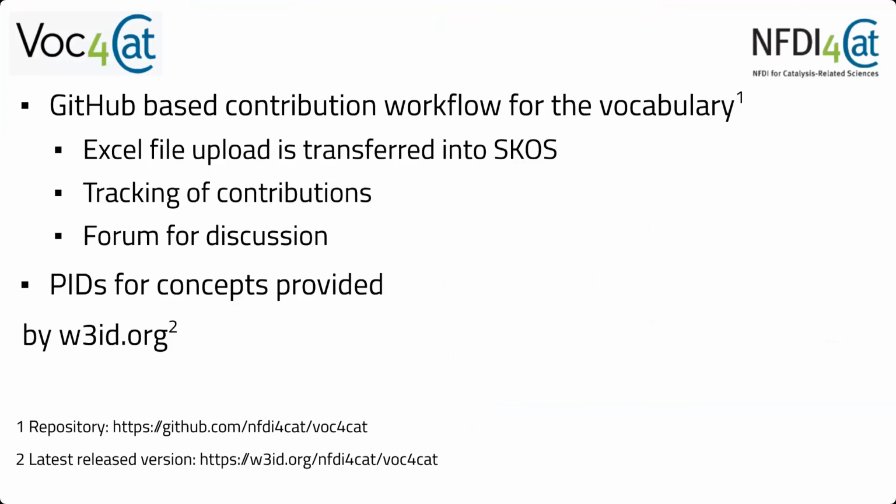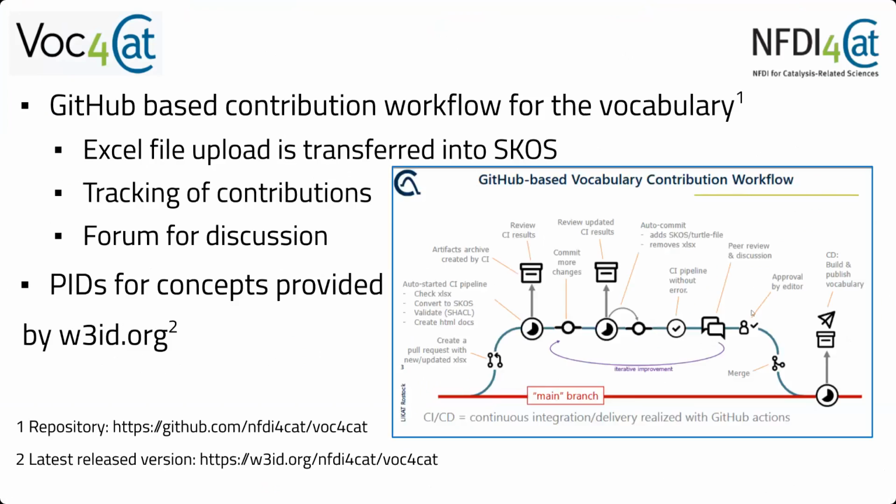This picture shows the GitHub workflow: the researcher just has to upload an Excel sheet, and with an automated workflow after creating a pull request, it is translated into SKOS. GitHub, of course, comes with nice features of automated tracking of contributions, and it offers a forum for discussions.